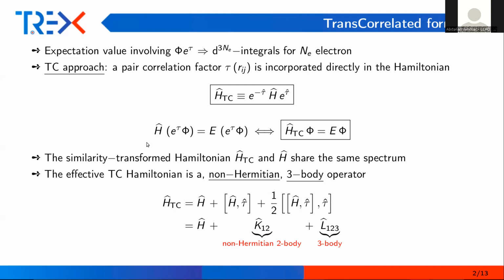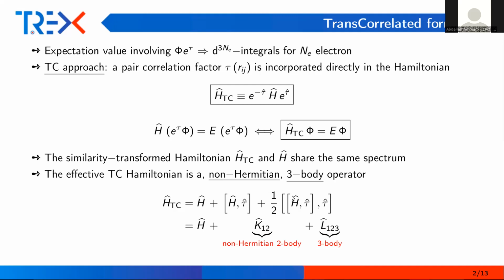And since H_TC is obtained via a similarity transformation, these two Hamiltonians share basically the same spectrum. We can write the effective transcorrelated Hamiltonian without the exponential of tau as the standard electronic Hamiltonian, in addition to these two commutators.